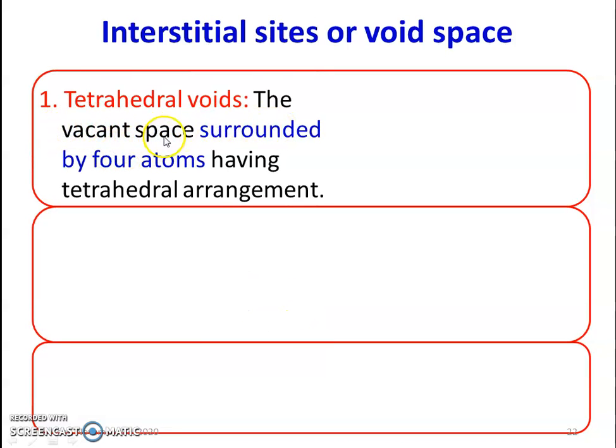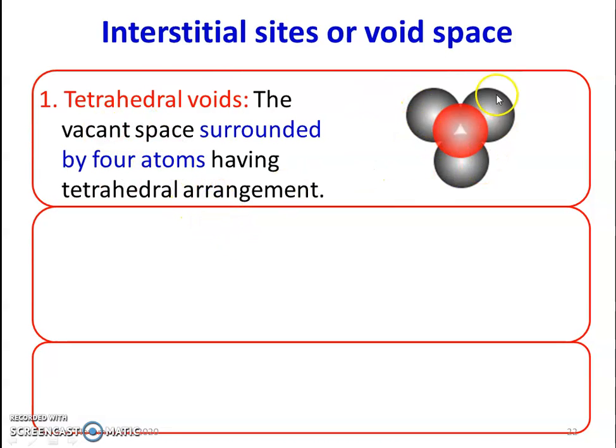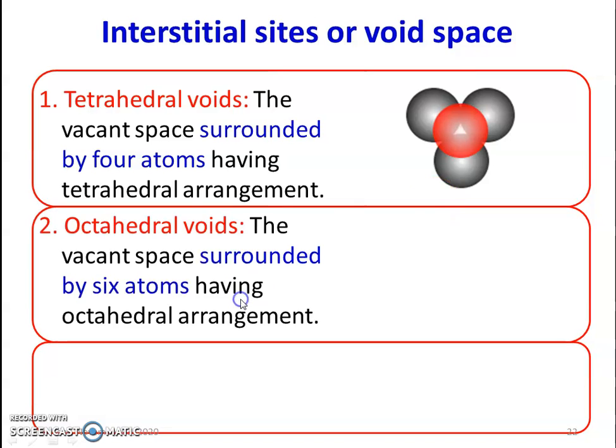The vacant or empty space surrounded by 4 atoms or spheres having a tetrahedral arrangement is called a tetrahedral void. The gray spheres belong to the bottom layer and this red sphere belongs to the top layer, and there is an empty space surrounded by these 4 spheres, that is the tetrahedral void.